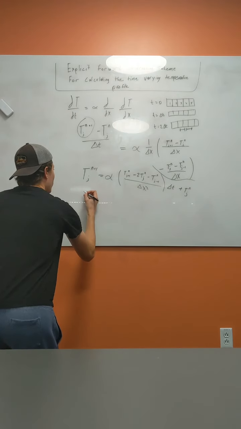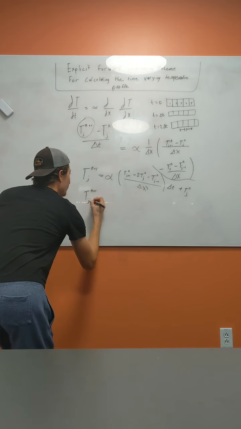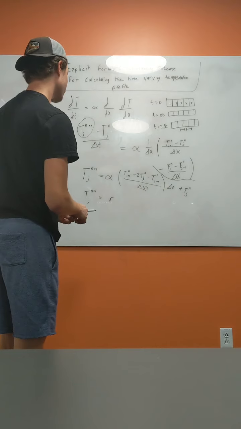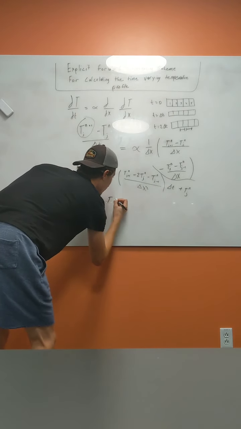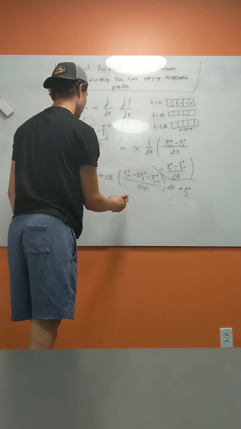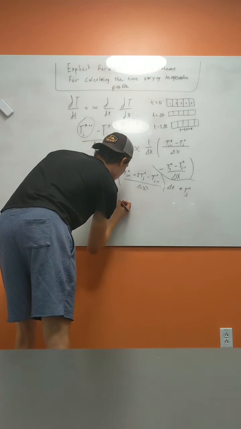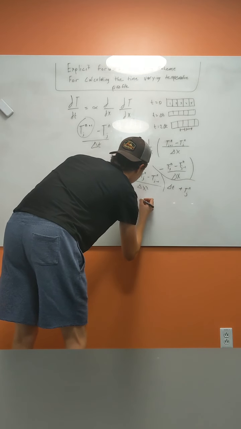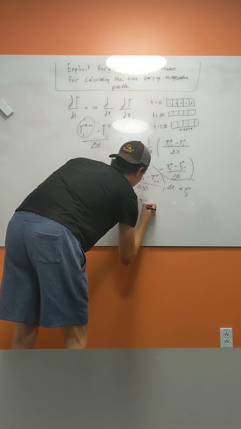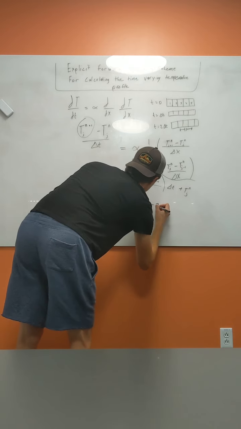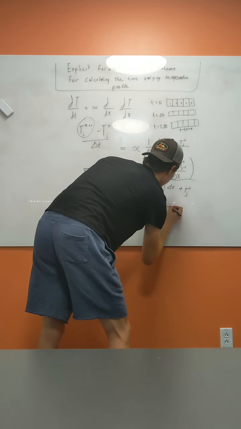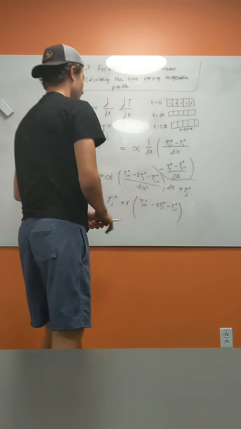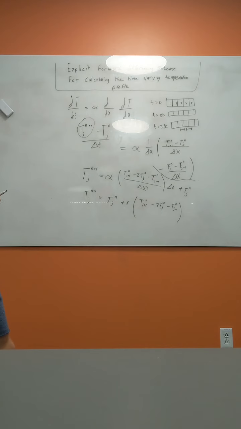So we'll have this equation right here: T n plus 1 at j is equal to, actually let's write this right here, T n at some spatial discretization j, plus r multiplied by T n j plus 1 minus 2 T n j minus T n j minus 1. And I believe that is the equation.